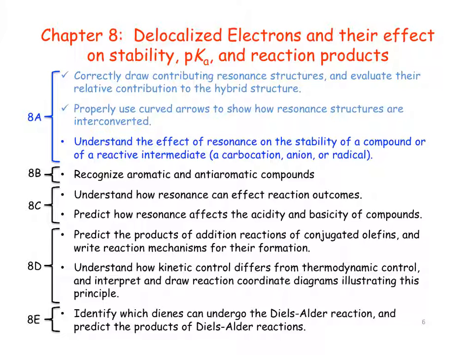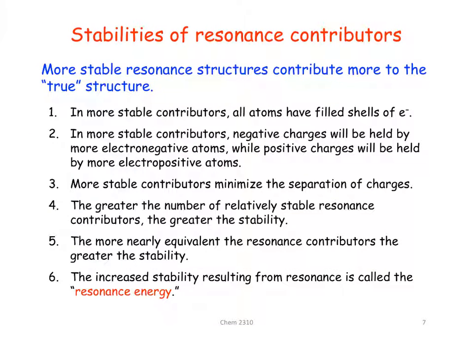So let's look a little bit more at these different resonance contributors and see if we can talk about which ones are more stable. So not each resonance contributor is going to contribute equally to the true structure. Okay, it's a weighted hybrid in that the more stable resonance contributors will contribute more to the true structure.